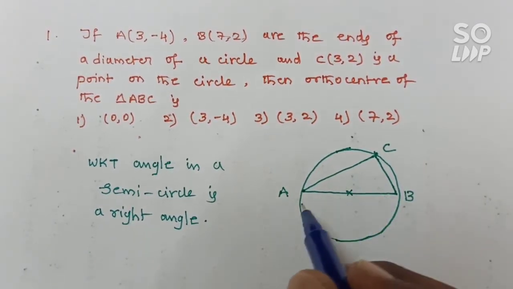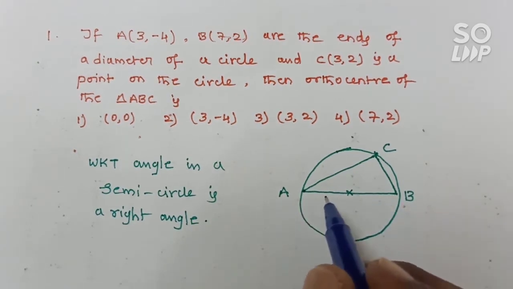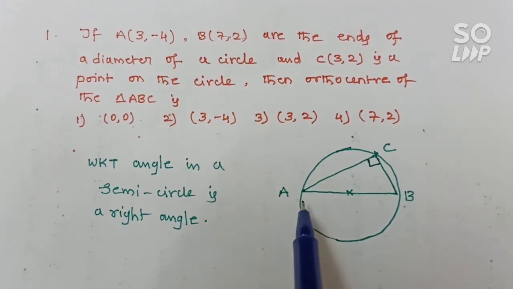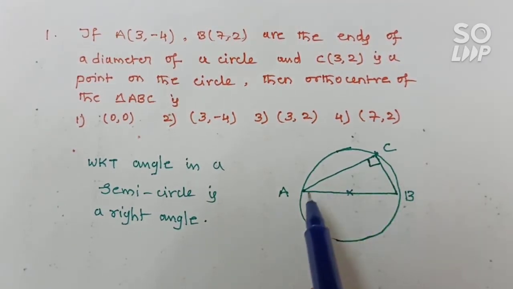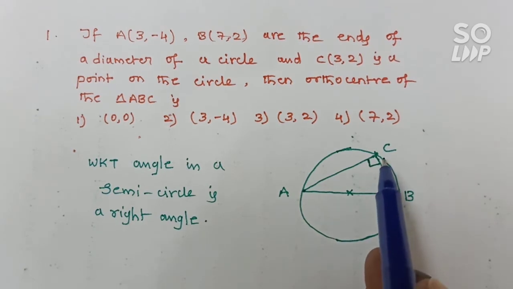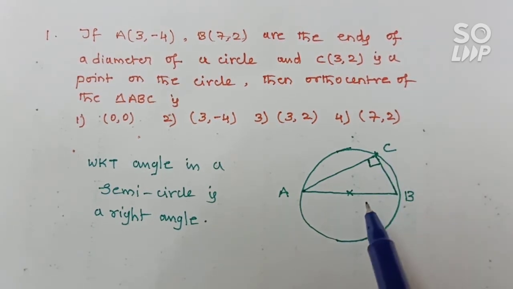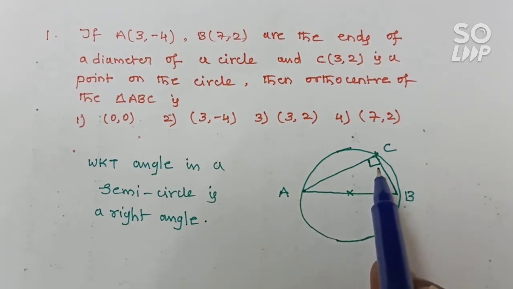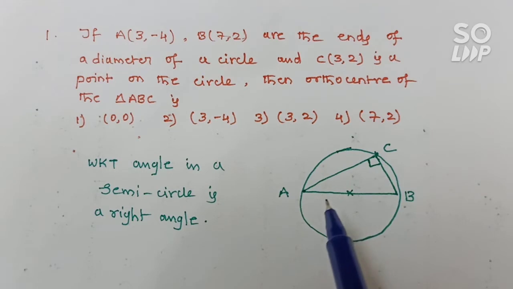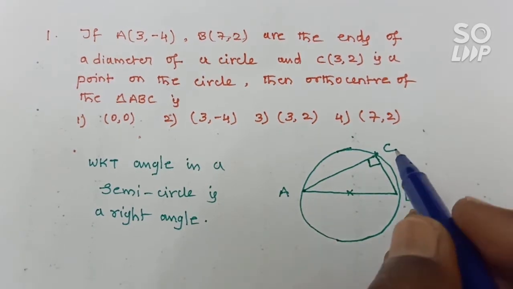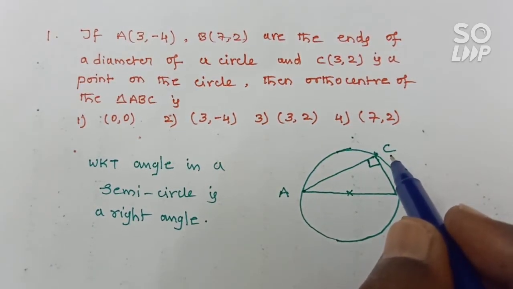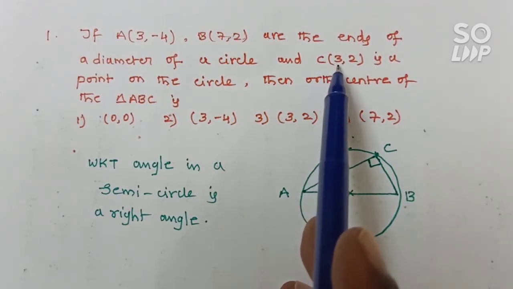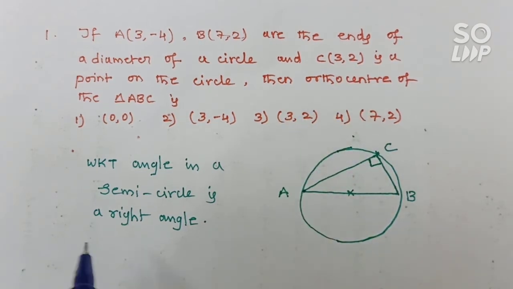So that means at what vertex is the angle 90 degrees? At the point C. So clearly here ABC is a right angle triangle and C is the right angle vertex. We know in the concept of ortho center, I told that the right angled vertex is the ortho center of the triangle. So that C is the ortho center of the triangle. What is that C point in this one? (3, 2) is the ortho center.